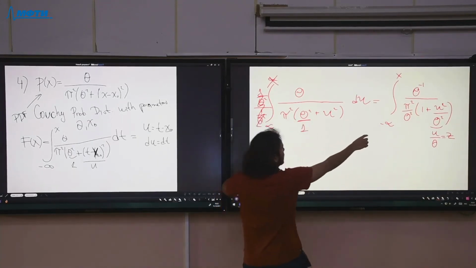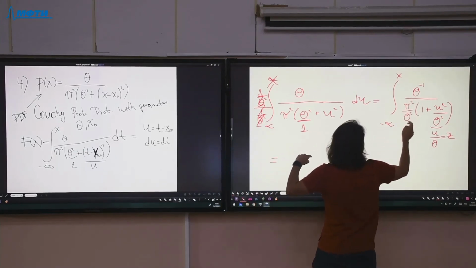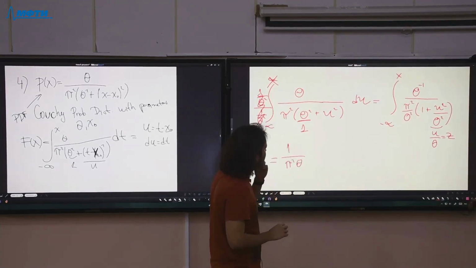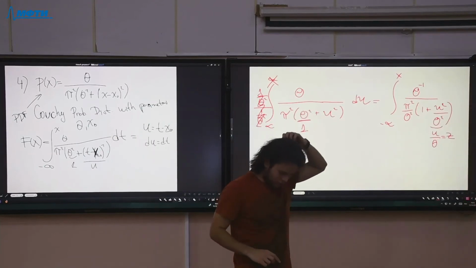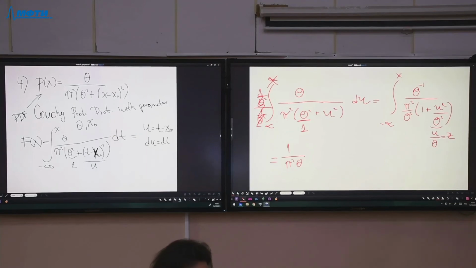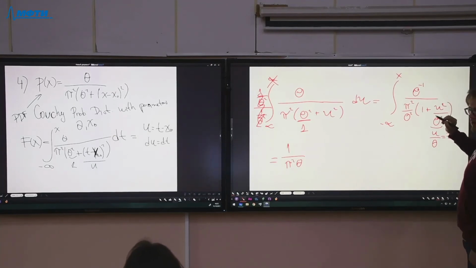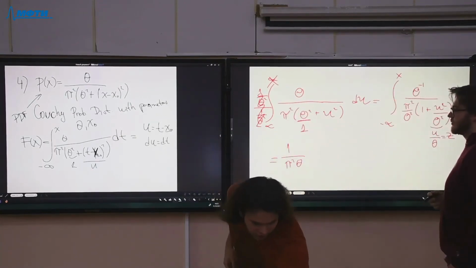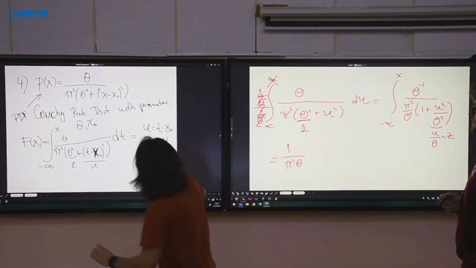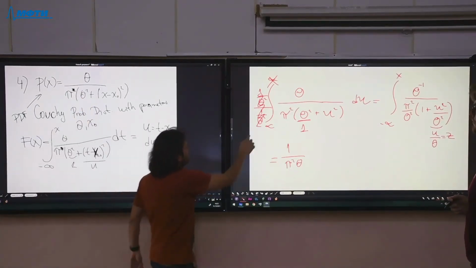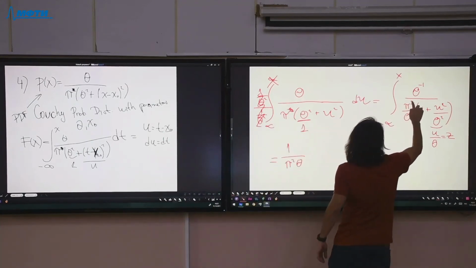First of all, you will have 1 over pi times theta. Why pi squared, by the way? Ah, here is pi. I made a mistake. Here is pi, sorry, not squared.